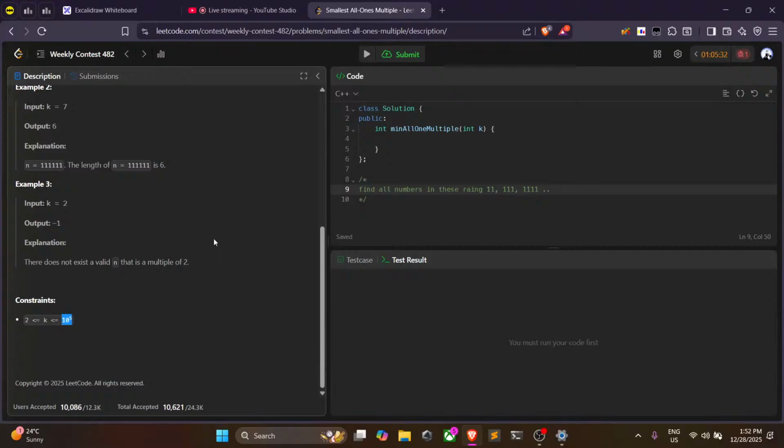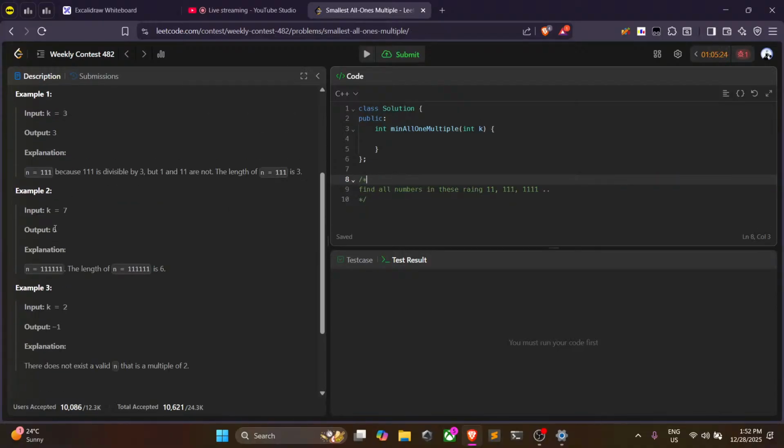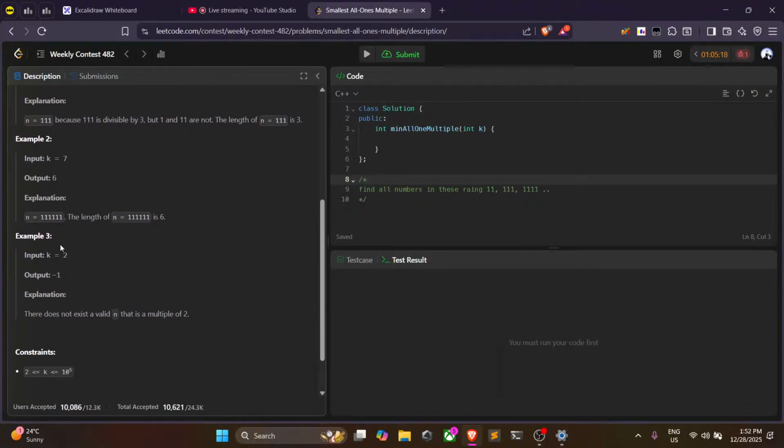So the number of ones can be how much? Let's see. For this, the number of ones is this. If you don't find anything, we just need to output -1.